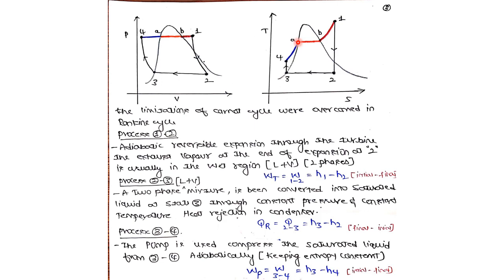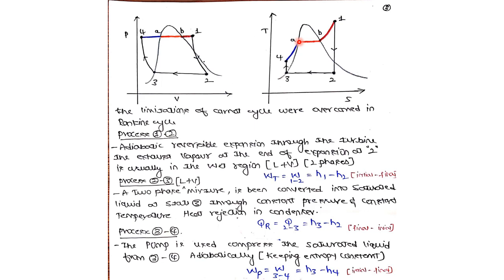Now, what is the saturation state? If I provide a little more energy, it will start converting into vapor. So this is the meaning of the saturation state. That means from 4 to A, there is only an increase in the temperature of the liquid, only liquid, guys, but there is no phase change. So this particular process happens in an economizer.